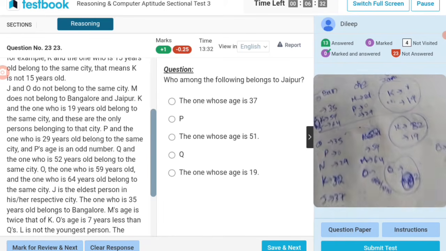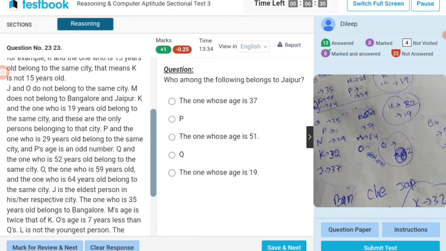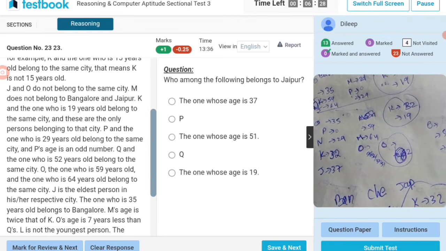Or 35. Q and 52 years old belong to the same city. So Q is 59. J is the eldest person.